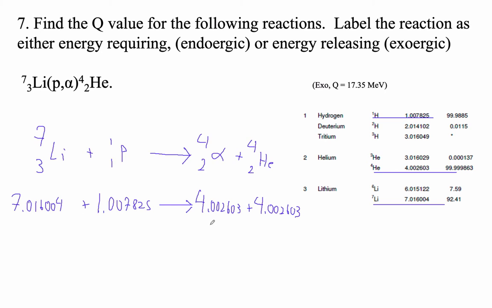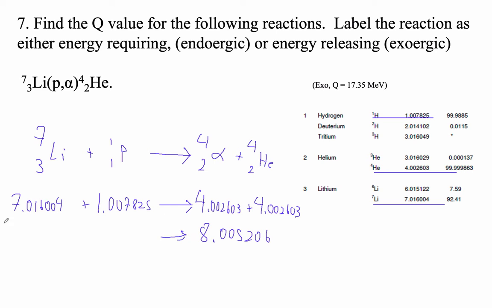Total mass. On the right side, we've got 4.002603, and there are 2 of those, so times 2. The mass on the right side is 8.005206.